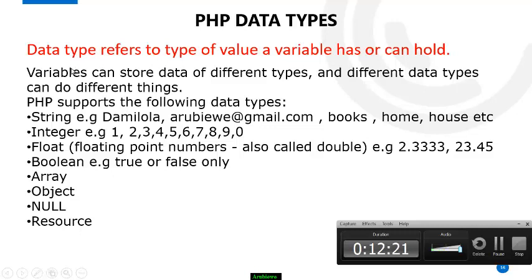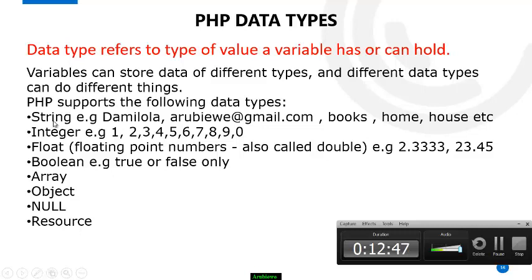Unlike some programming languages where you have to define the data type the variable can hold, in PHP it's a loosely typed language. Variables can hold any type of value, and PHP will know based on what you assign to them.